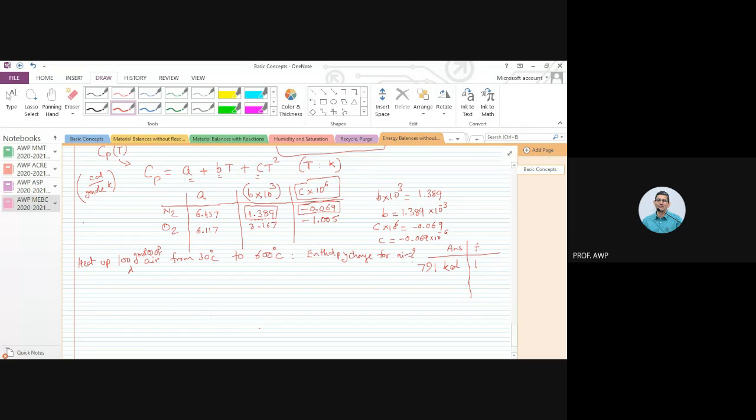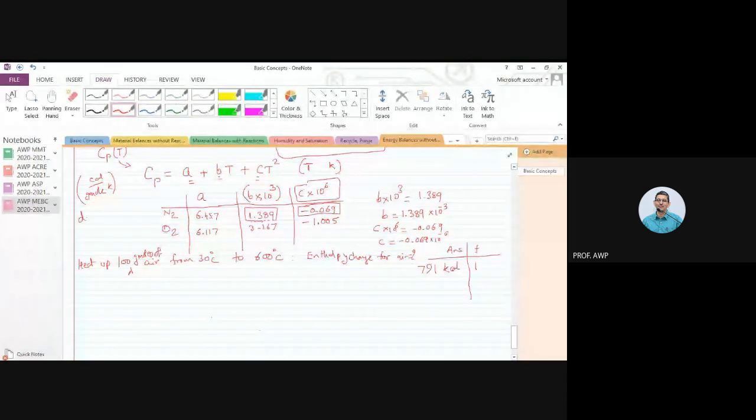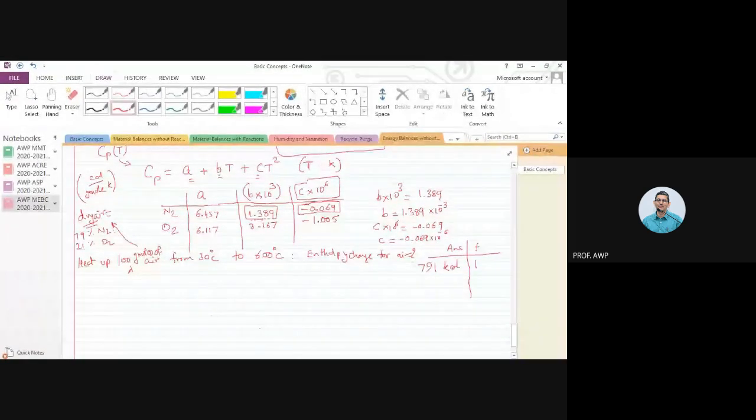By the way, we are just assuming that this is dry air. So I have not told you relative humidity and all those things. So we are assuming that this is dry air. And dry air is 79.21 mole percent nitrogen and oxygen.